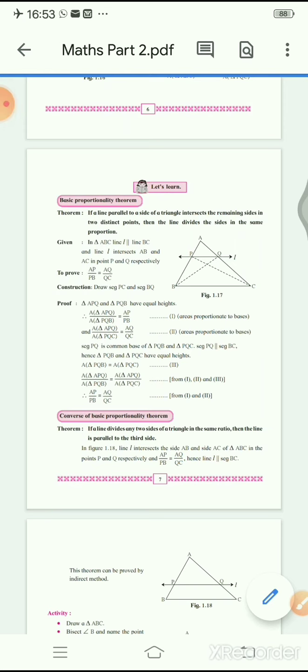Today we are studying our first important theorem in our maths part 2 textbook.